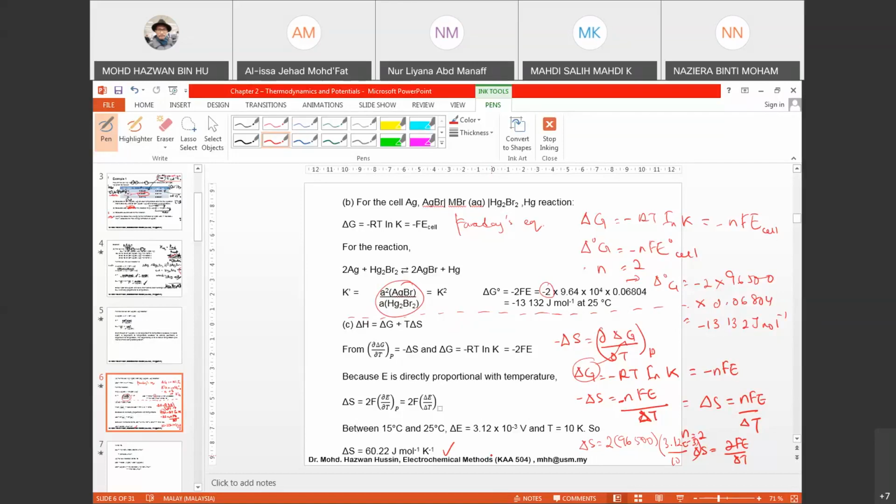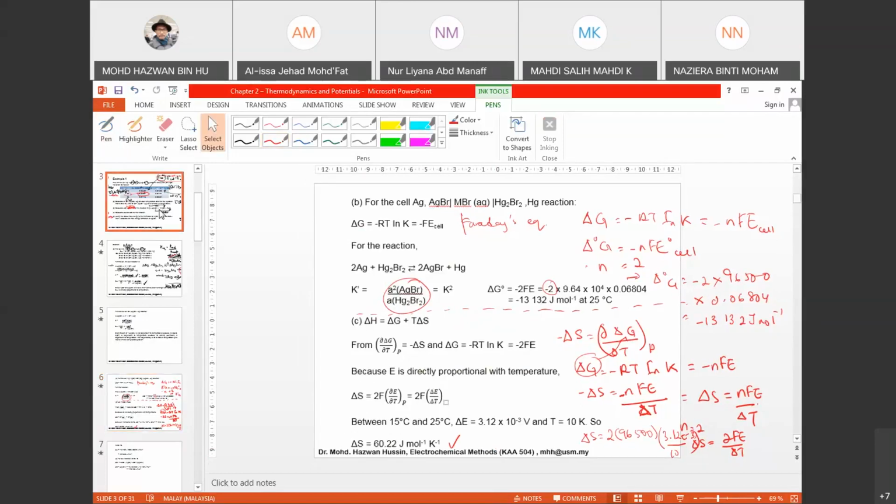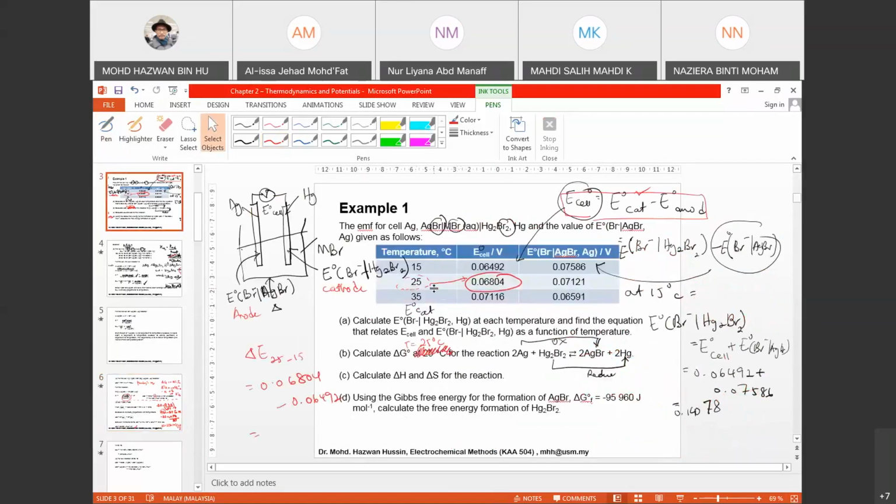Actually, Mahdi, if you want to take it from 35 to 25, also you can. For example, you take 0.07116 minus 0.06804.